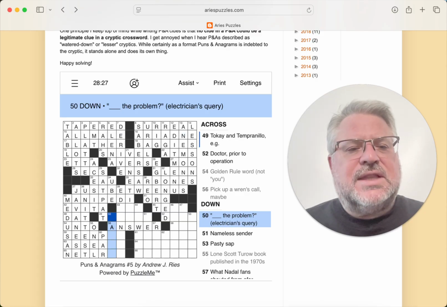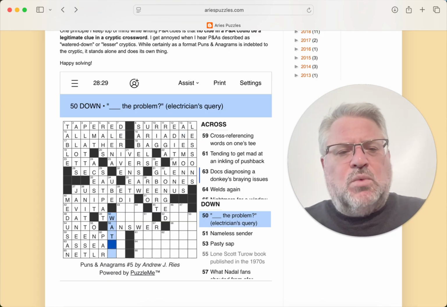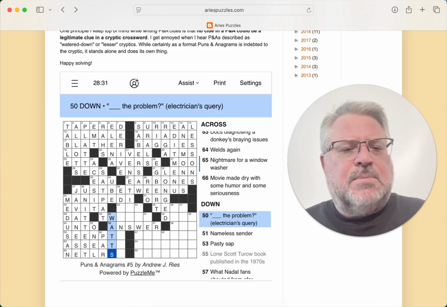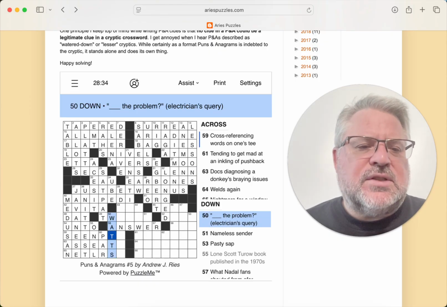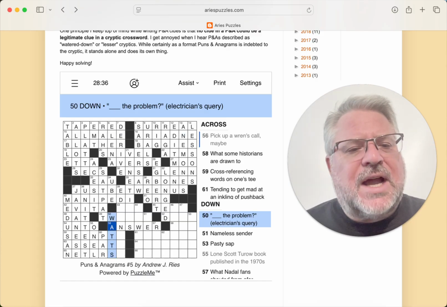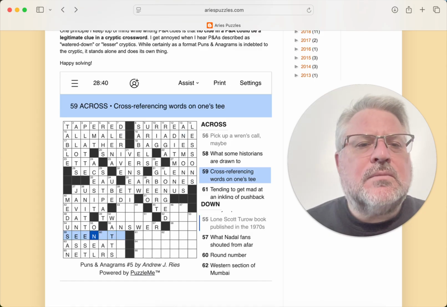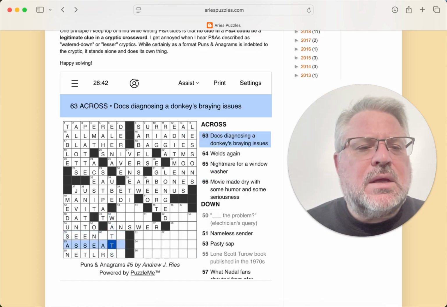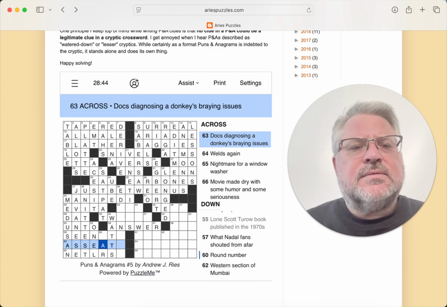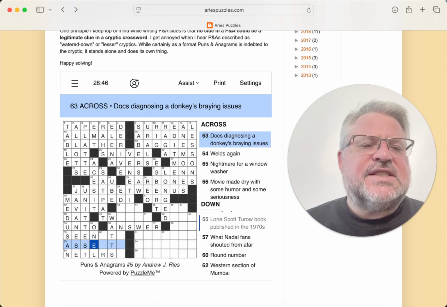Electrician's query. I think this is a pun here. What's the problem? Might be a common query, but watt is a term from electrical power. So what's the problem? A sense?